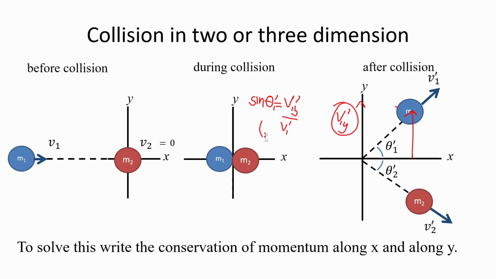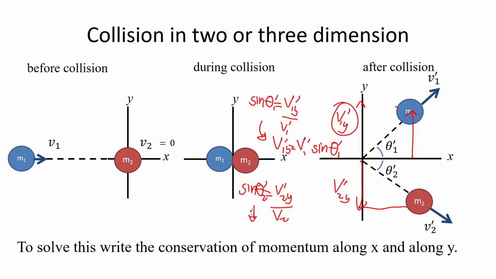So rearranging, your v1 prime y is just v1 prime sine theta 1 prime. Also here, this is v2 prime y. So sine theta 2 prime is equal to v2 prime y over the hypotenuse v2 prime.